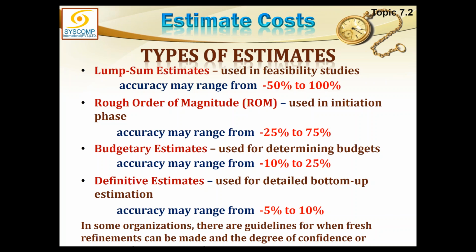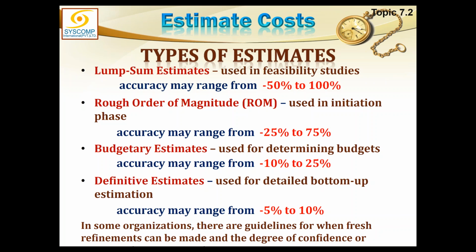Then comes the budgetary estimate. The person who is ascertaining the budget of the project does not go into the minutest details of calculating each and everything. He does that on some rationale, on some parameters, and he also creates an estimation. He is not going to calculate all the bricks and every item.